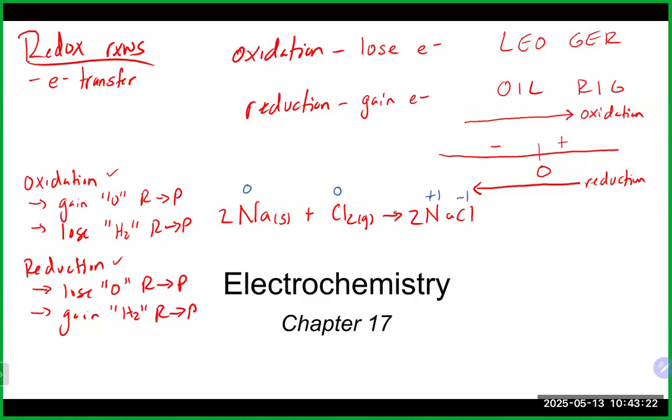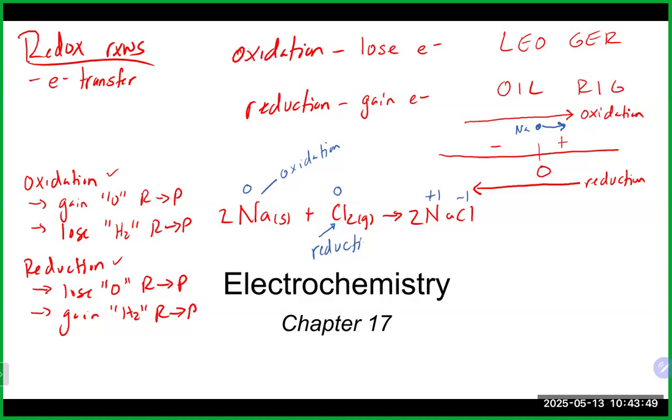And if we look at what's happening and just follow this number line here, we can see that sodium here started at 0 and ended at +1, which means it's moving in the positive direction. So the sodium here is going through oxidation. By the way, because it always occurs together, if you can confidently know one of these things happening, by default, the other guy is going through the opposite thing.